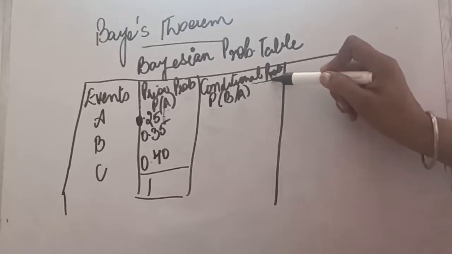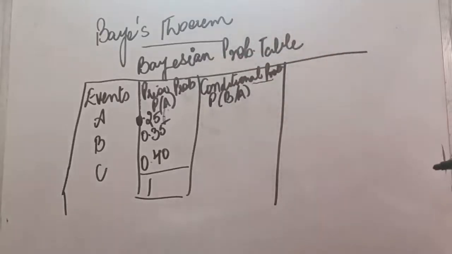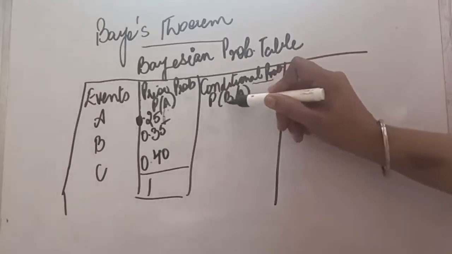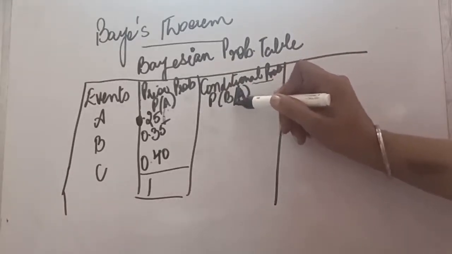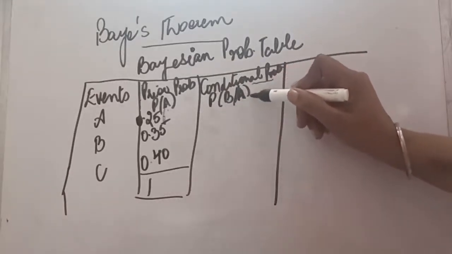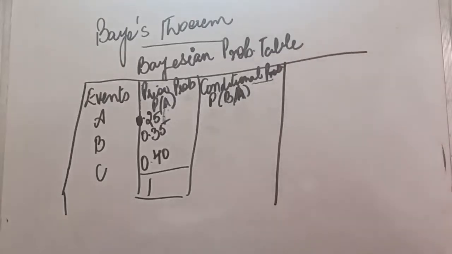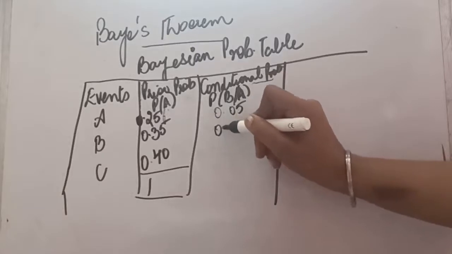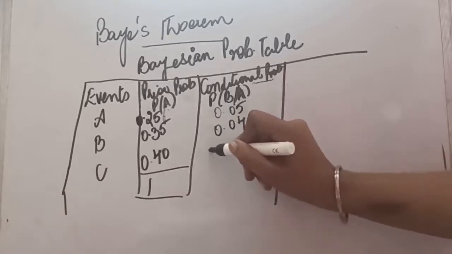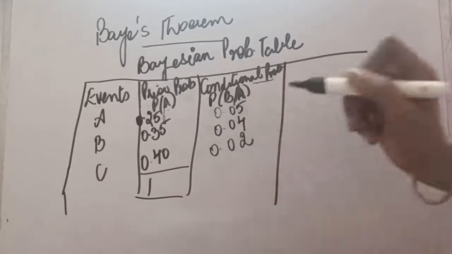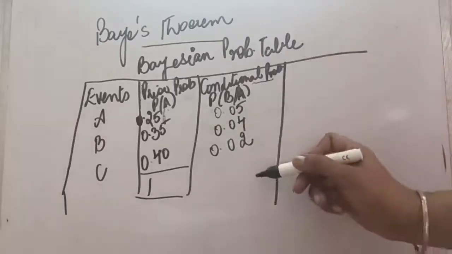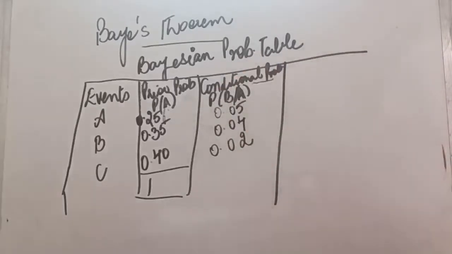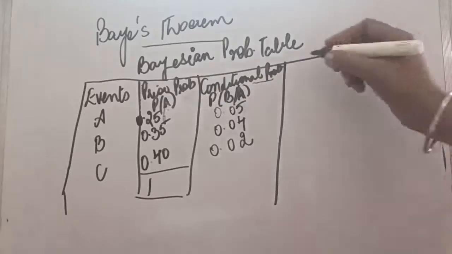It means conditional probability always depends upon the prior probability. So for machine A, 5% were defective, so it will be 0.05. Next was 4%, so 0.04, and in third case it was 2%, so 0.02. Its total will not be equal to 1, but the total of prior probabilities will be equal to 1.